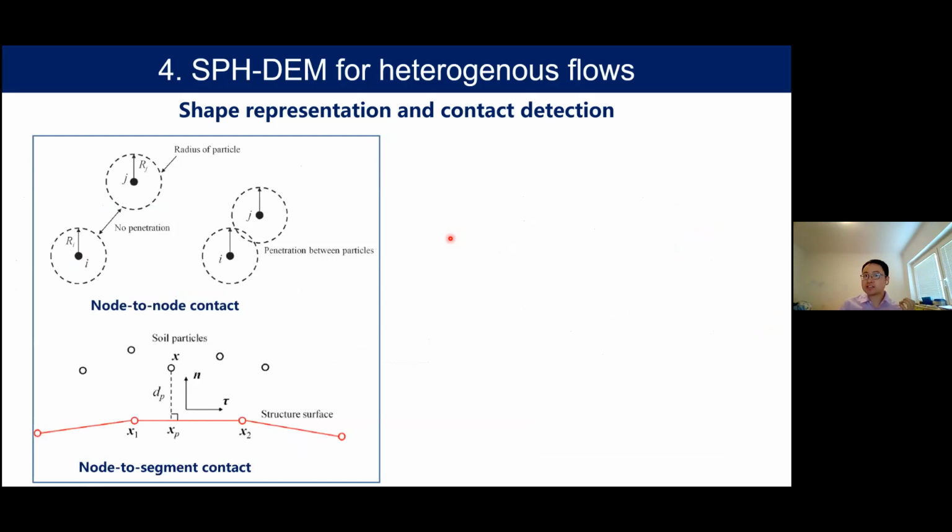For the contact simulation, we usually have node-to-node contact, which is very simple for spherical DEM particles. We also have node-to-segment contact, which is a very common contact method in contact mechanics. But the node-to-node method is not so accurate, and the node-to-segment contact method is very complicated to implement in 3 dimensions.